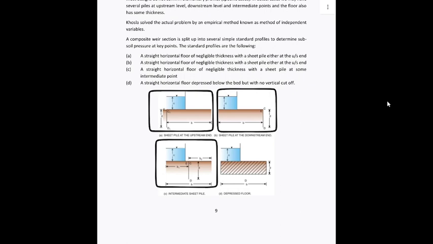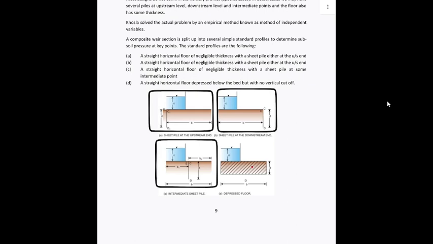And he analyzed the structure in order to determine percentage pressure variation from the upstream to the downstream. For example, at the point E1, at the point D1, at the point C1, at the point E, at the point D, at the point C, at the point E in the intermediate pile, C and D, and also at the point D, that is the bottom of a depressed floor.